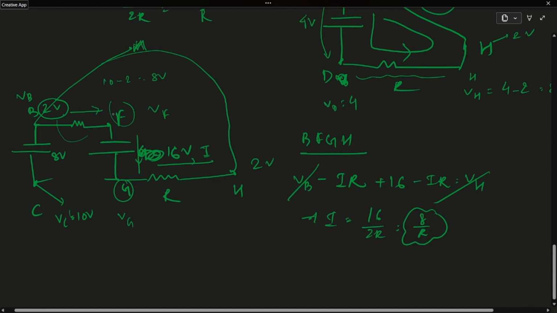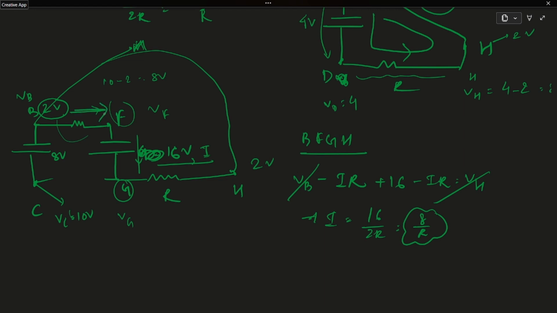So here this current was 8 by R. So what is the potential drop? It's 8 volt. VB is 2 volt. VF will be what? 2 minus 8 is equal to minus 6 volt. What is VG? VG is VF plus 16. This is basically 10 volt.